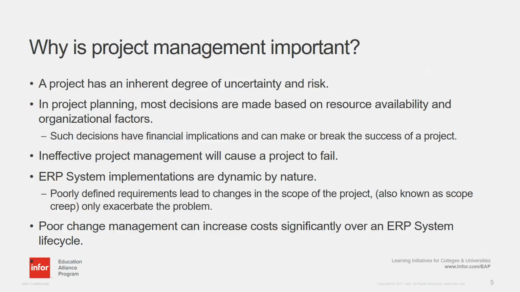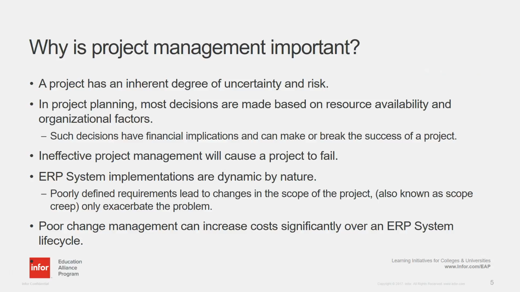ERP systems, by their very nature, are dynamic, they are fluid, they are always changing, and if the requirements aren't defined properly up front, then you have changes that have to happen. Changes that occur late in a project are extremely expensive because they weren't planned for. There may not be budget for them. There may not be time for them.